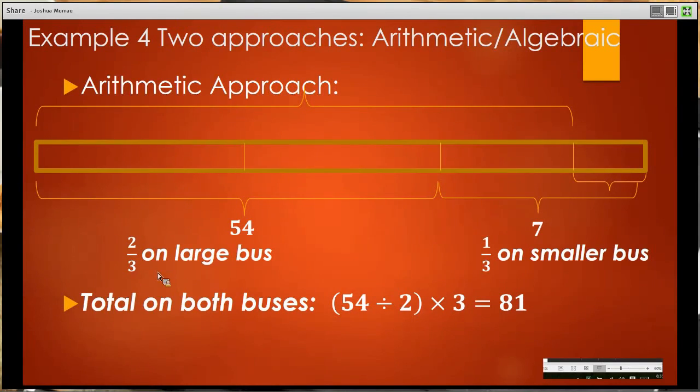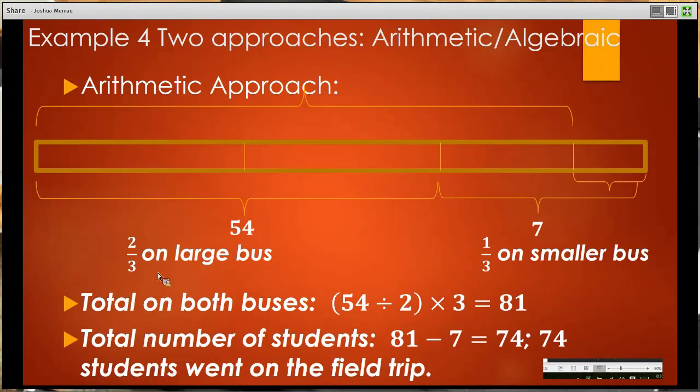Because whenever you're dividing by a fraction, it is the same as multiplying it by the reverse of that fraction, flipping it. So 54 times 3/2, or 54 divided by 2 and then times 3, we get 81.